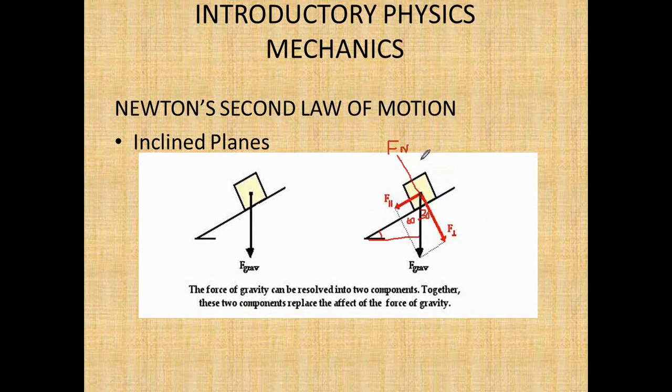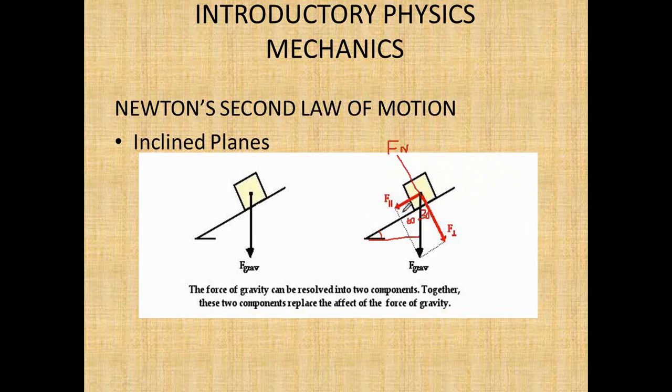It is not straight up. It is not the same thing as the force due to gravity. That's only the case when it's on a flat surface. As a matter of fact, when you look in the dictionary and you say something is normal, it means it's perpendicular to the surface. That's what normal means.